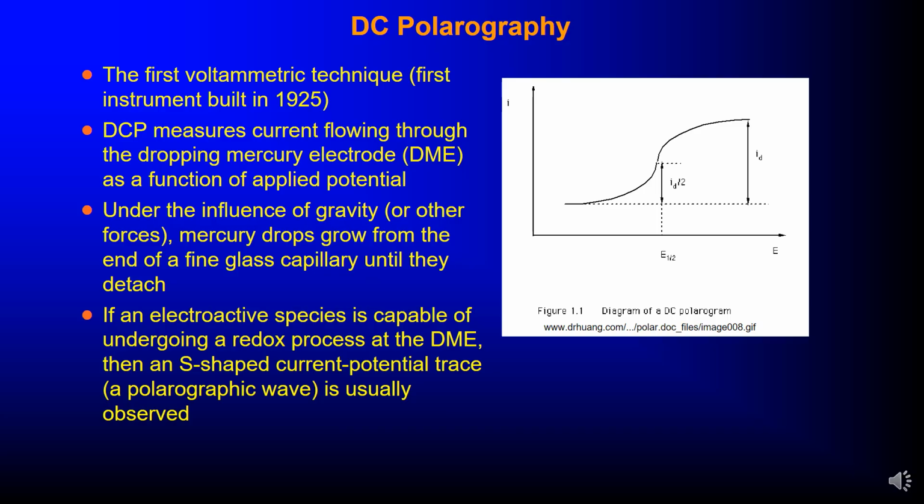It is characteristic of the electroactive species, and it is independent of the characteristics of the capillary used to obtain the wave. It depends on solution composition, and changes with variation in pH, solvents, and addition of a complexing agent.